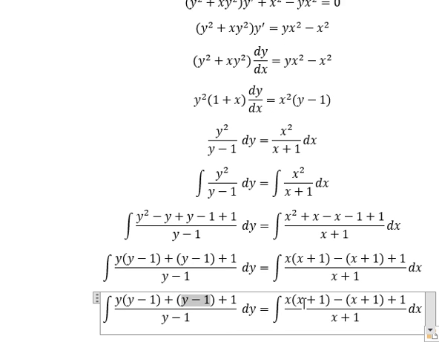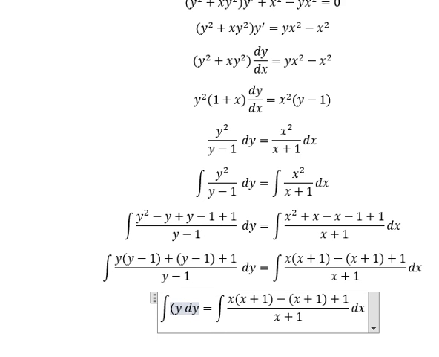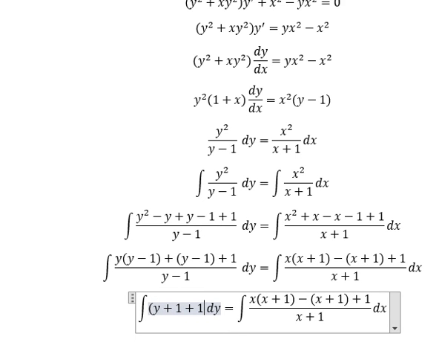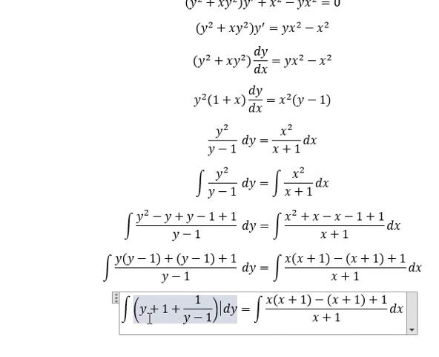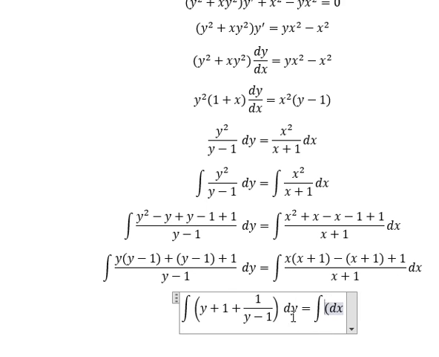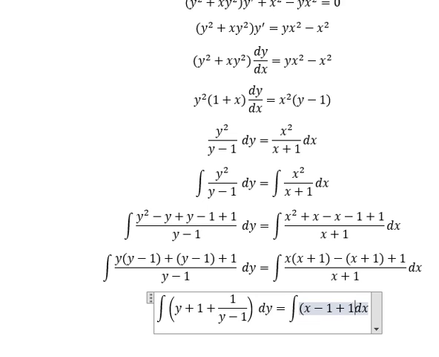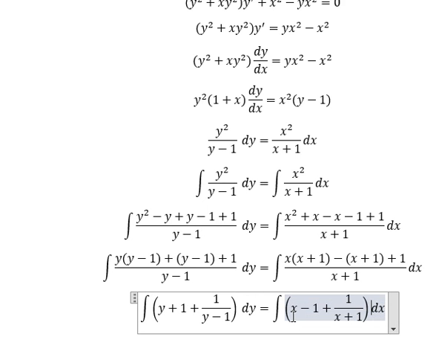Similar for this one, s plus 1 divided by s plus 1. Similar for this one, so we will have about y plus 1 over y minus 1. Similar for this one, s minus 1 plus 1 over s plus 1.